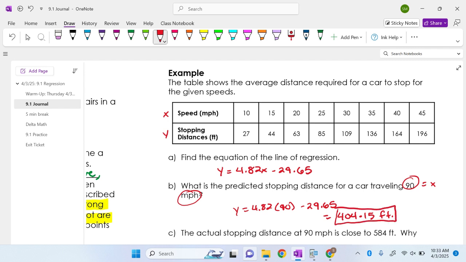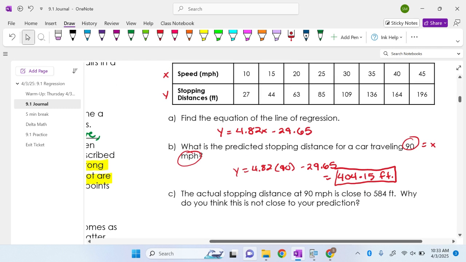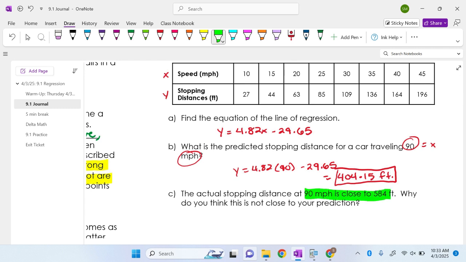Now, here's the kicker. When they calculated the actual stopping distance for 90 miles per hour, they found it to be 584 feet. Why do you think our predicted is so far off from the actual?